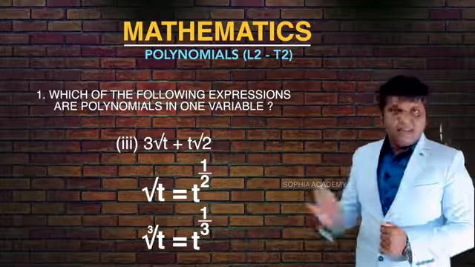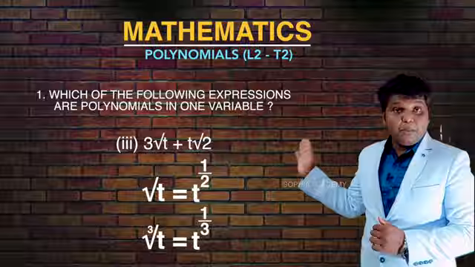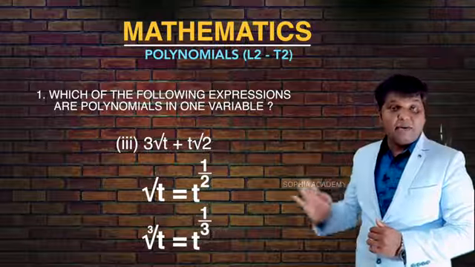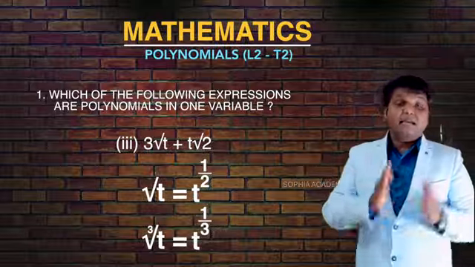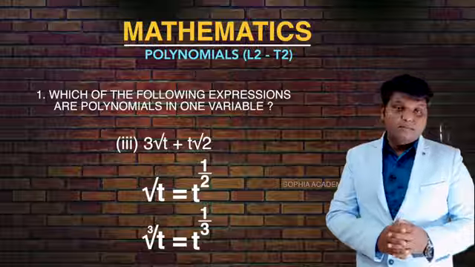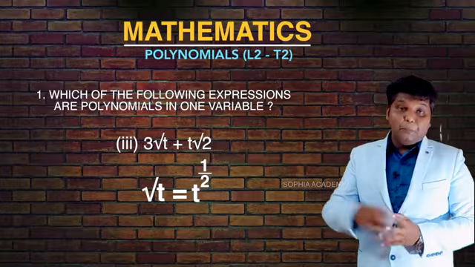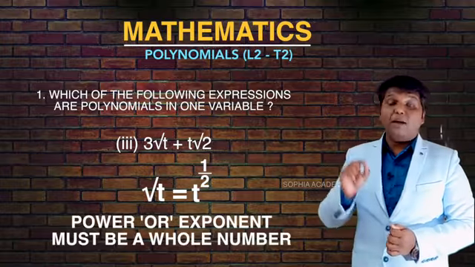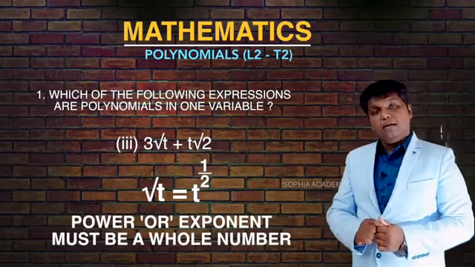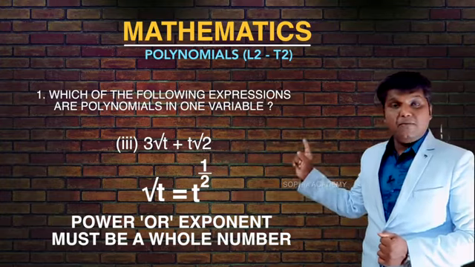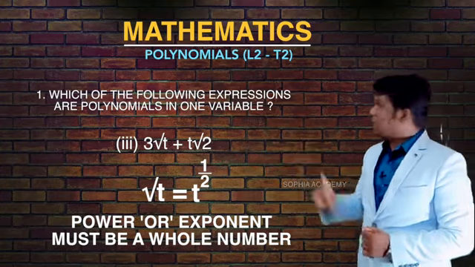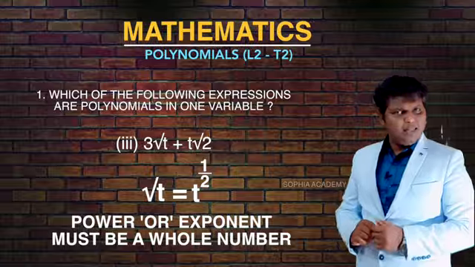But our question is, is this a polynomial? Is the given expression satisfying the conditions of a polynomial? What was the condition? The exponent should be a whole number. See here, the first term itself, t raised to 1 by 2. Is it a whole number?